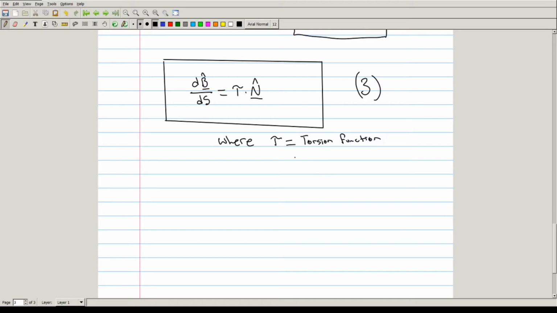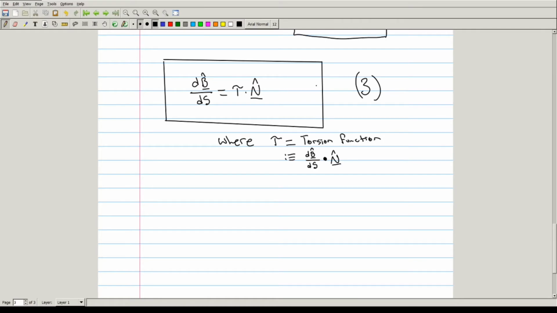It's exactly defined as the dot product of this derivative of the binormal vector with the normal direction, and it gives you a measure of how much the osculating plane is twisting along the curve in the normal direction.